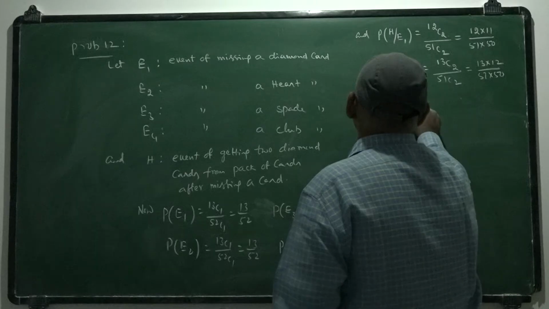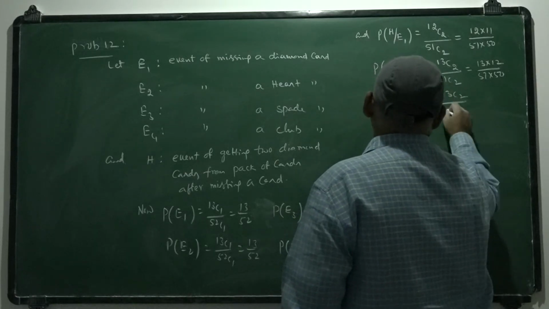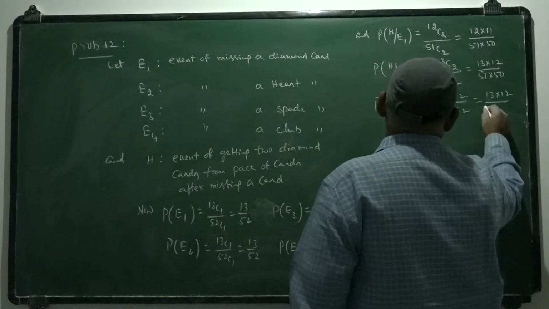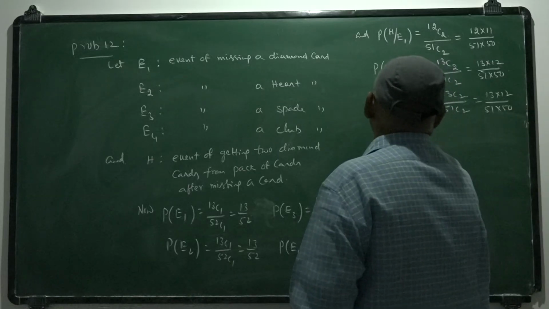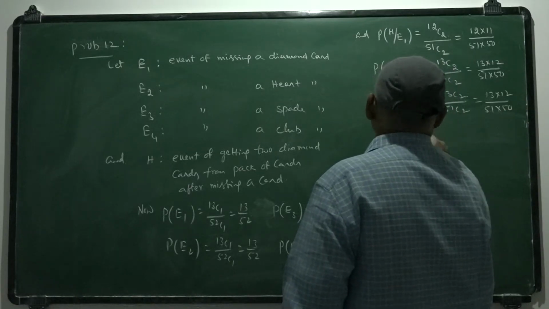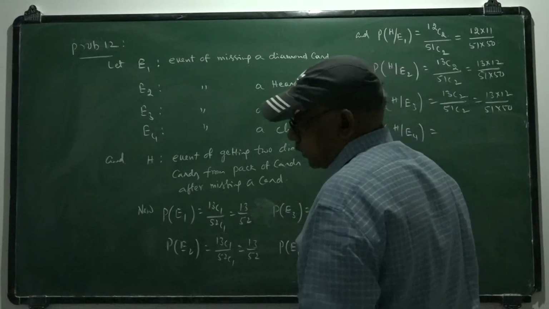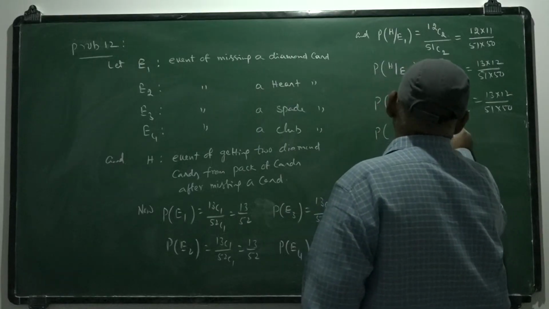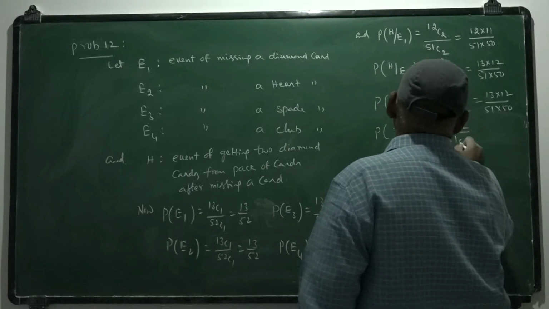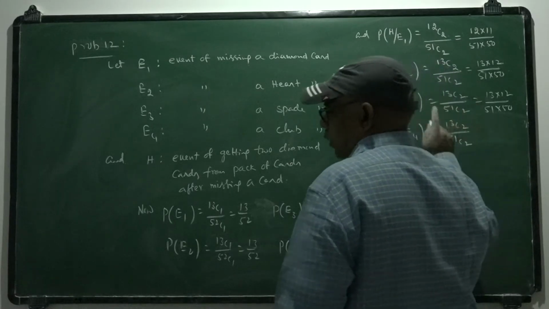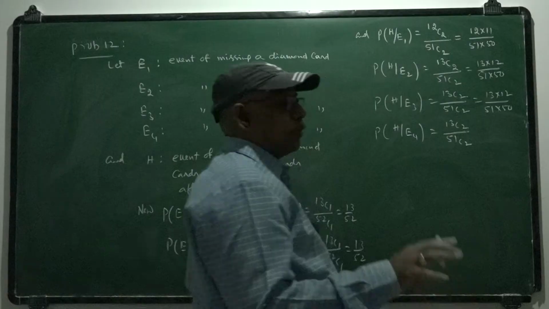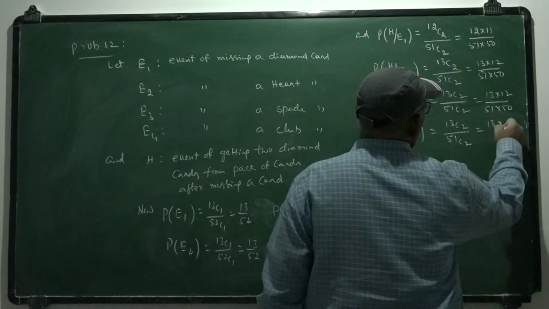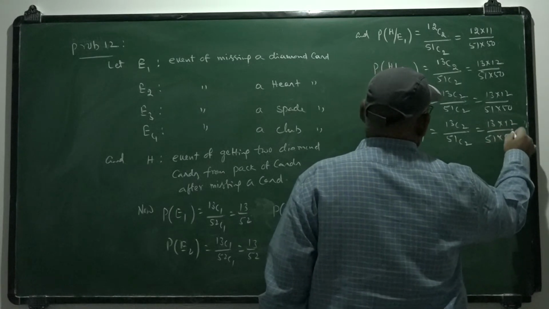Similarly, H on the occurrence of E3 is also 13C2 by 51C2, that is 13 into 12 by 51 into 50. And probability of H on the occurrence of E4 is also, once a club card is missed and after that getting 2 diamonds, it is 13C2 by 51C2, because in these 3 cases the number of diamond cards in the pack is the same. So that is 13 into 12 by 51 into 50 itself.